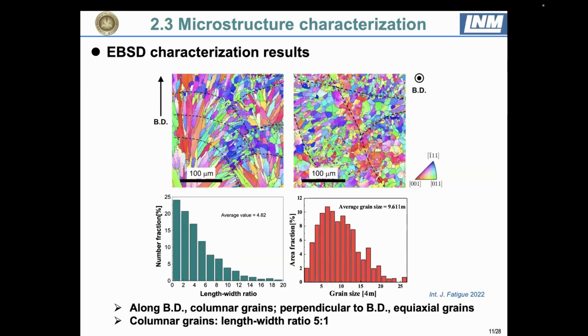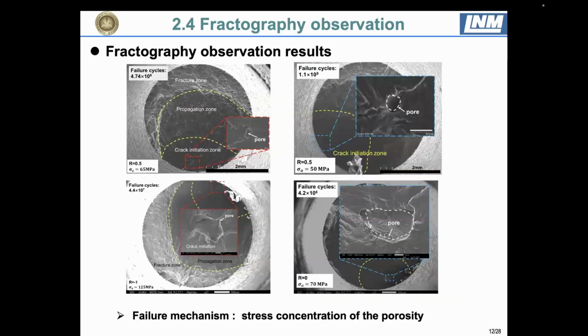From different orientations, horizontal build or vertical build, the microstructures are quite different, with some columnar grains together with equiaxed grains, and there is some quantification of this microstructure here.